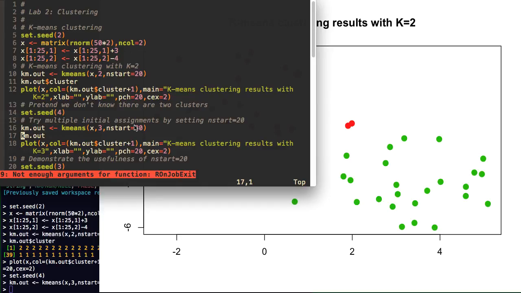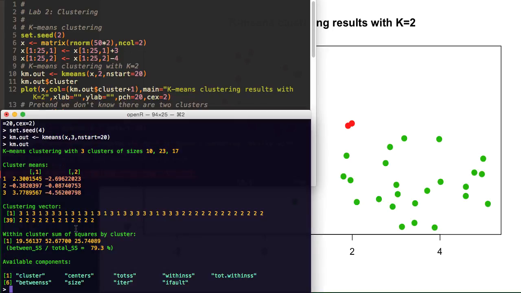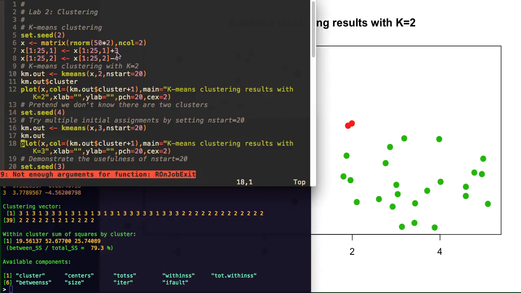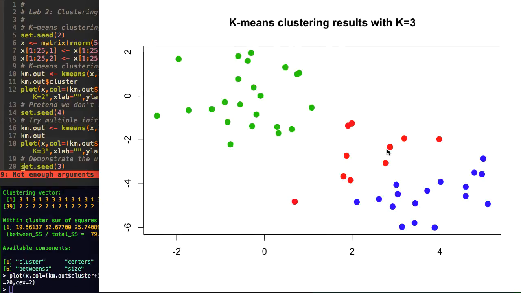So let's take a look at this. Here's the output of that one, and there are a few in each cluster. Let's take a look at it visually. So basically what's happened is the one cluster's been split into 2.